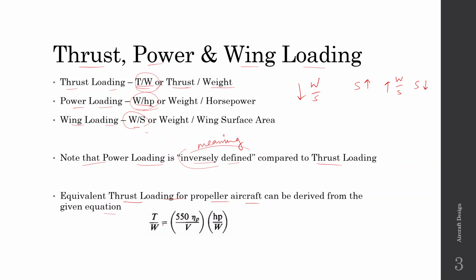For propeller aircraft, we mainly talk about power loading, or we may talk about HP by W, horsepower by weight. We can find the equivalent thrust by weight using this formula, where V is the velocity, and eta is the propeller efficiency.